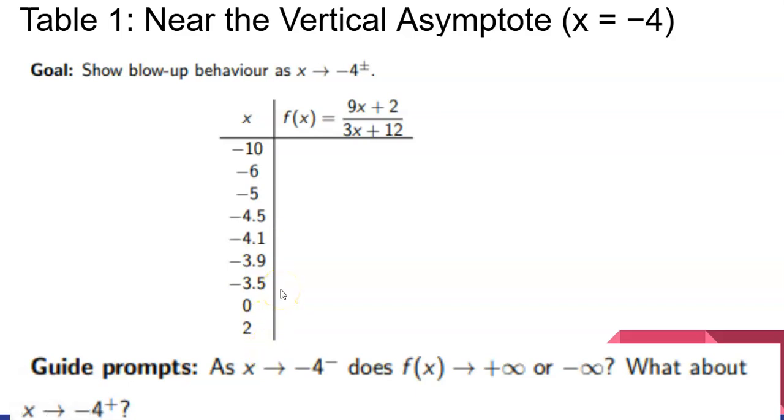Here are the guiding questions for your observations. As x approaches -4 from the left, does f of x approach positive infinity or negative infinity? And what happens when x approaches -4 from the right? To answer these questions, we simply substitute the chosen x values directly into the function to compute the corresponding y values and complete the table.